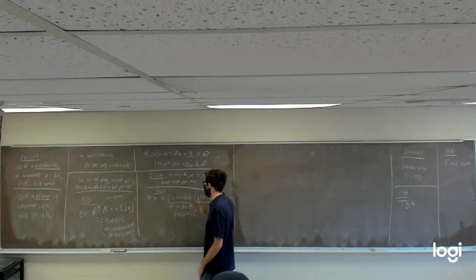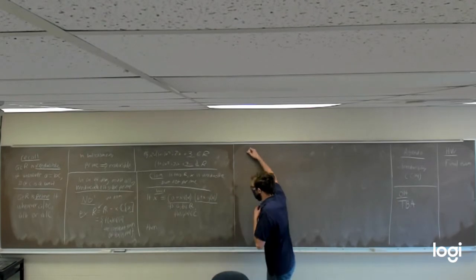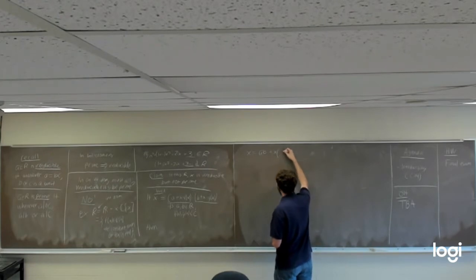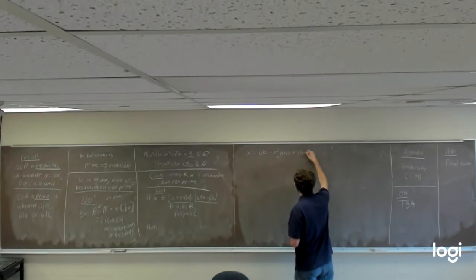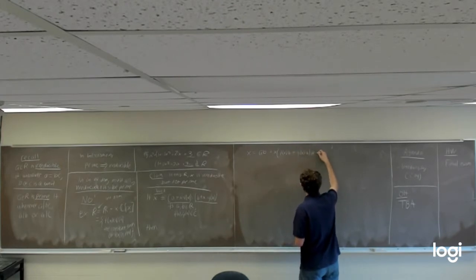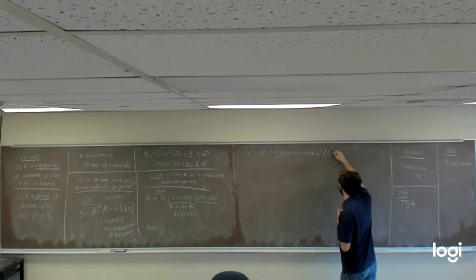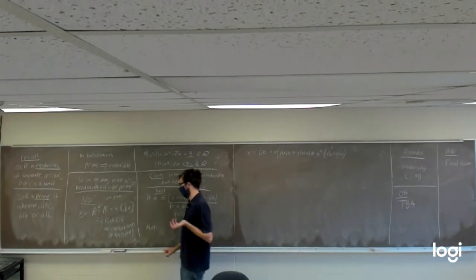If x is the product of these two things, that's going to tell us that x has to be equal to ab + x f(x) b + g(x) a + x² f(x) g(x). That's just from FOILing this expression all out.